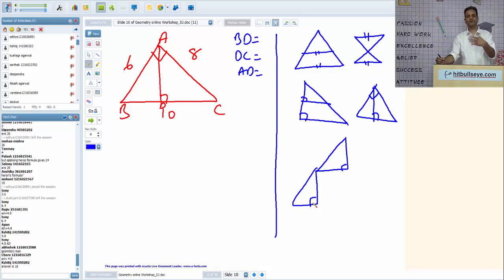There's no need to prove why this is similar. So can I say triangle ABC and triangle ABD are similar?